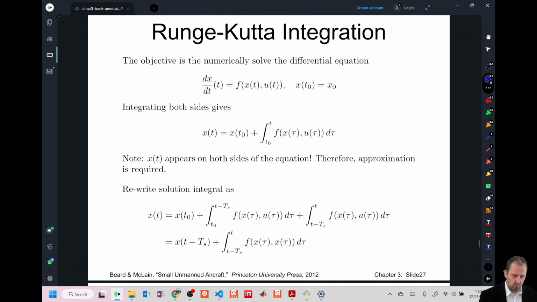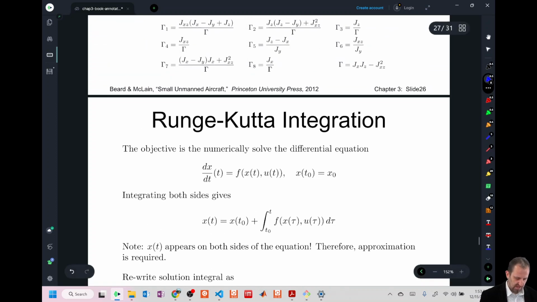We're going to talk about a few different techniques, and they're all Runge-Kutta techniques. But the idea here is that we have our state update equation, which again we'll call x dot, equal to dx dt. So we have our dynamics, and the other thing that we didn't mention previously is that we have an initial state that's known. So this is an initial boundary value problem.